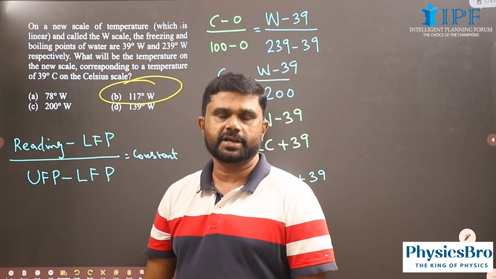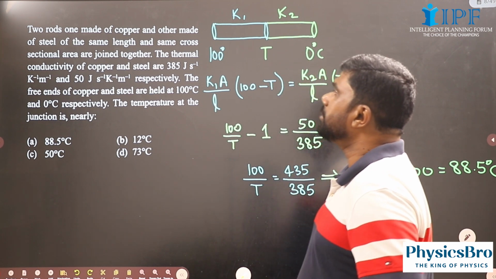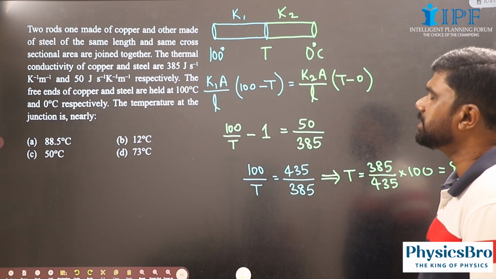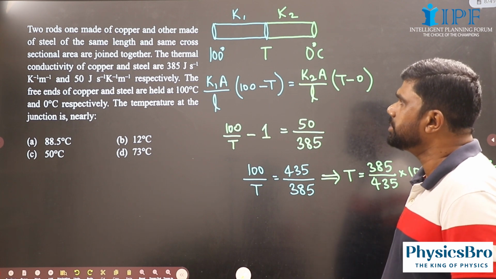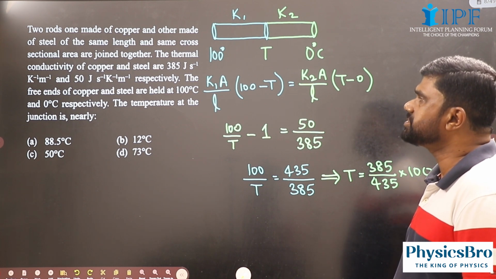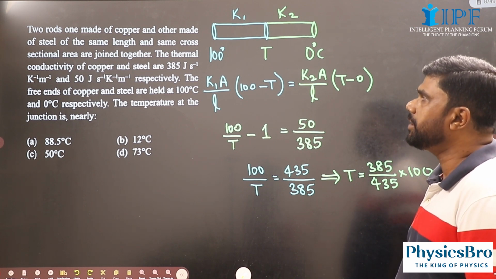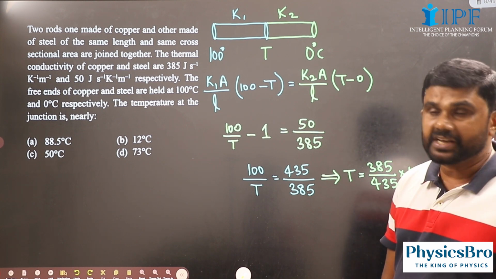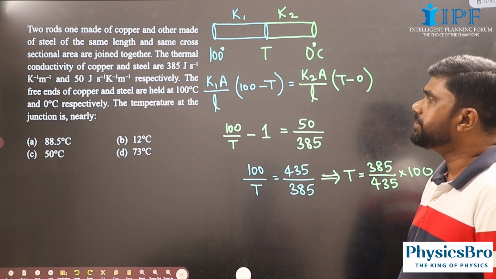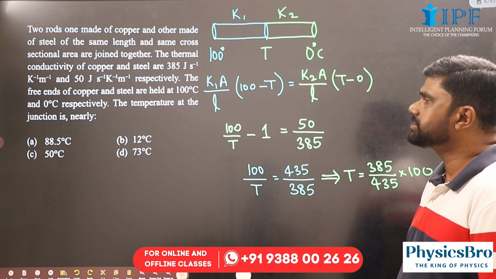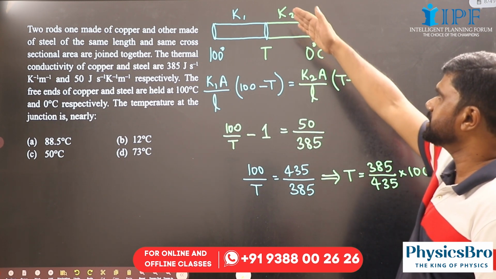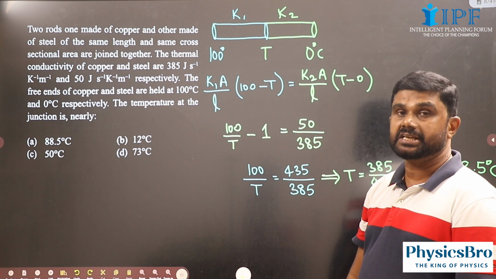Now two rods, one made of copper and the other made of steel, of the same length and same cross-sectional area, are joined together. Thermal conductivity of copper and steel are 385 SI units and 50 SI units. The free ends of copper and steel are held at 100 degrees and 0 degrees. Suppose the junction temperature is T degrees Celsius.